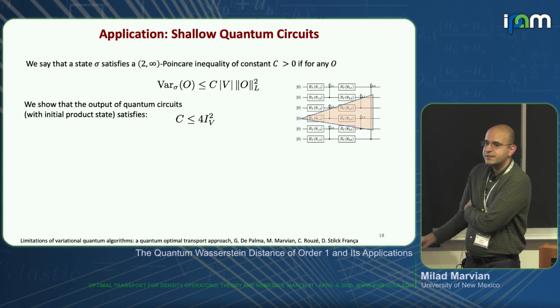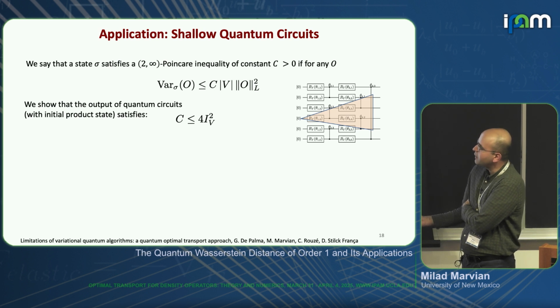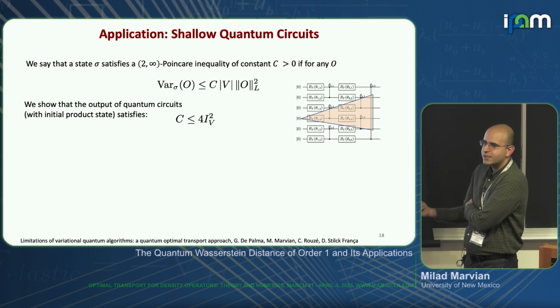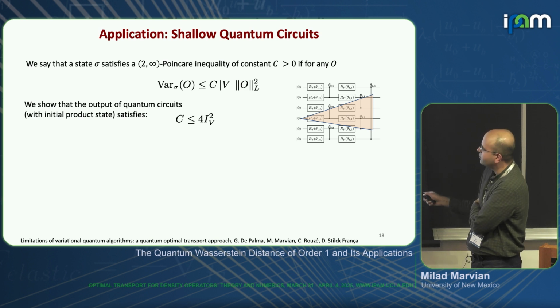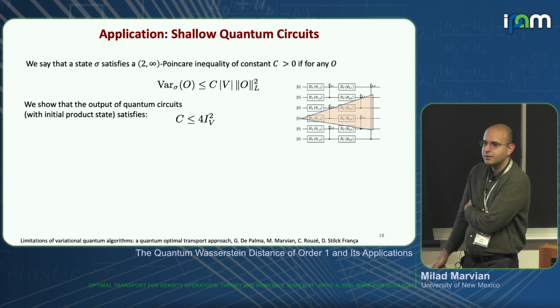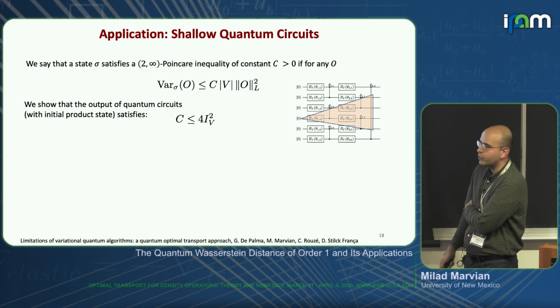What we prove is that using this W distance, you can bound this C, and you can show that, as we expect, this coefficient in the Poincare inequality is related to the light cone of the quantum circuit.